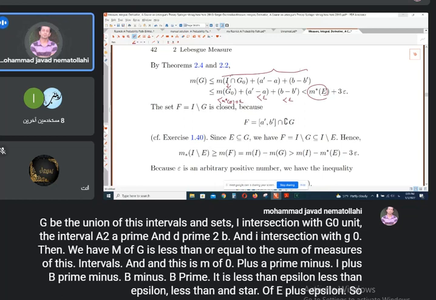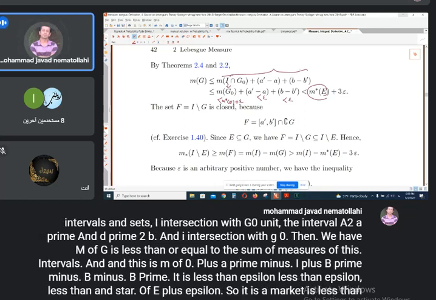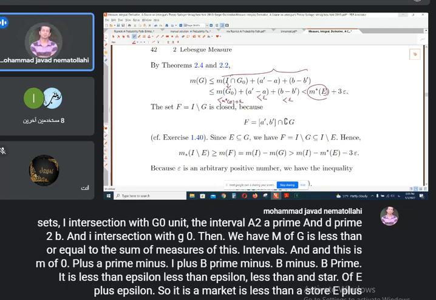So m of G is less than m star of E plus 3 epsilon.